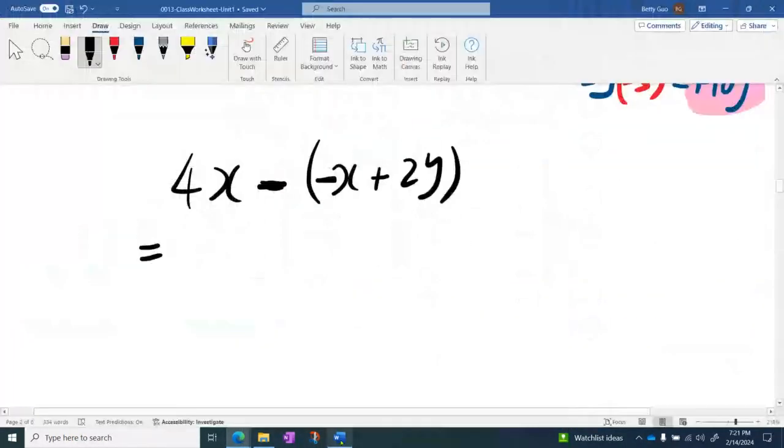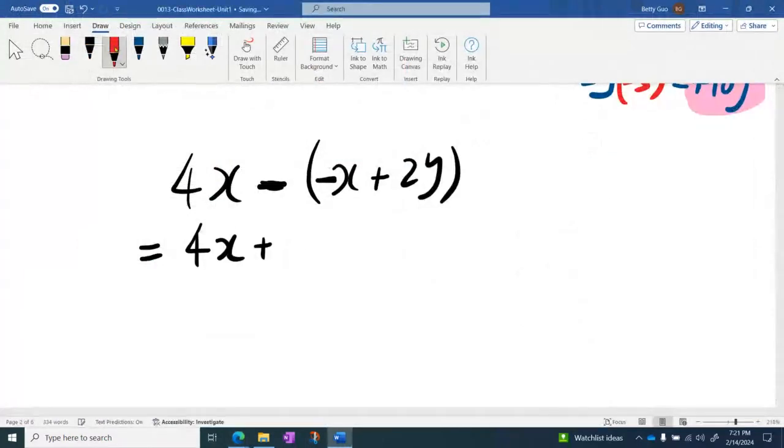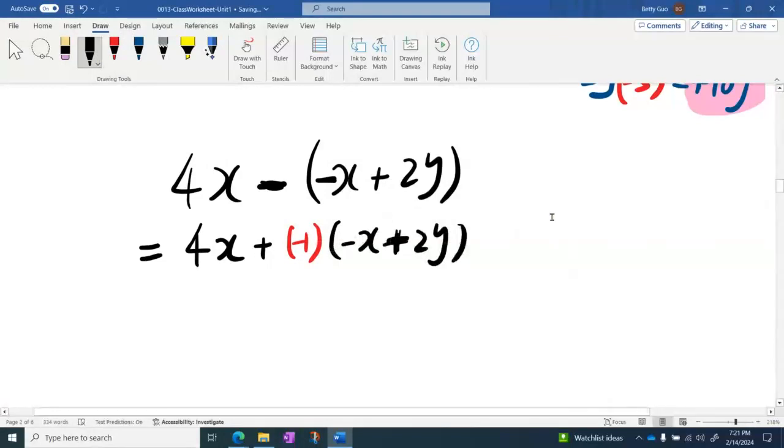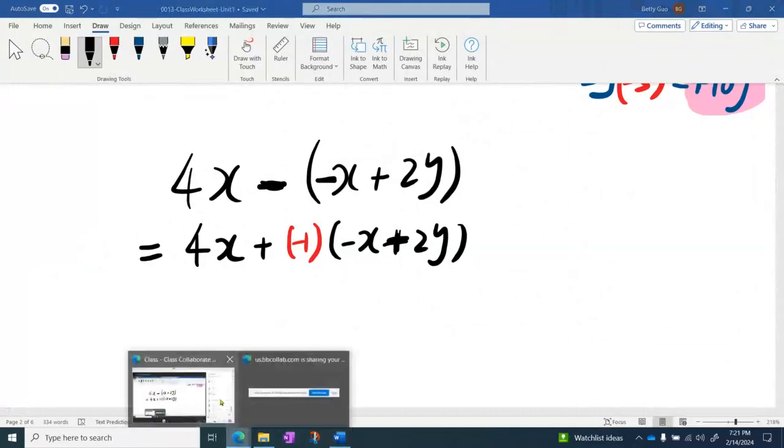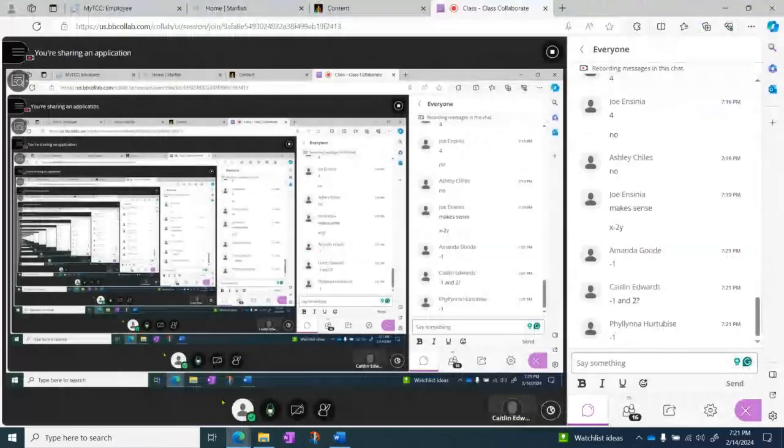Just -1 here. Okay? I hope you see that. The coefficient actually is -1. I want to make sure everybody sees that. Do you see that? Yes or no? Okay, awesome. Just the -1.